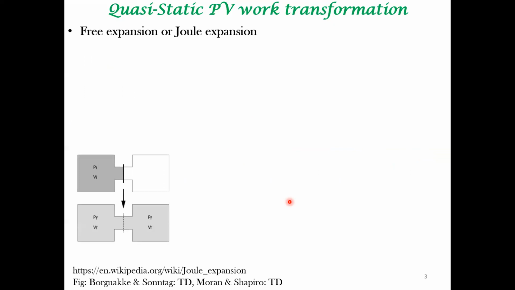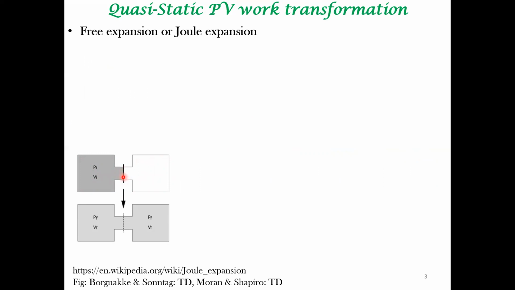So let's come to free expansion, or Joule expansion. There's a chamber here. This chamber is filled with gas at, let's say, pressure Pi, and the volume is Vi. On the other side of the chamber there is no gas; to begin with, there's vacuum, and both chambers are separated by a partition.